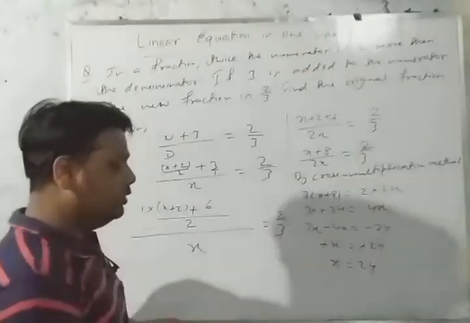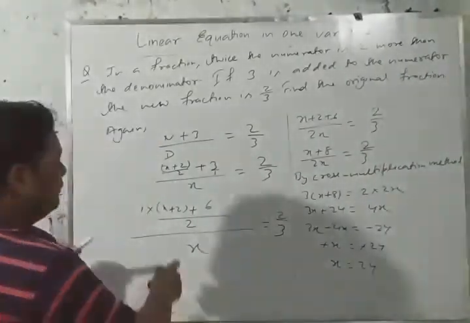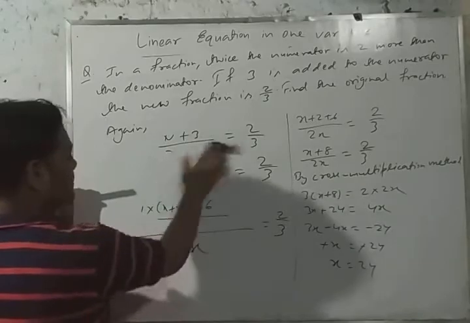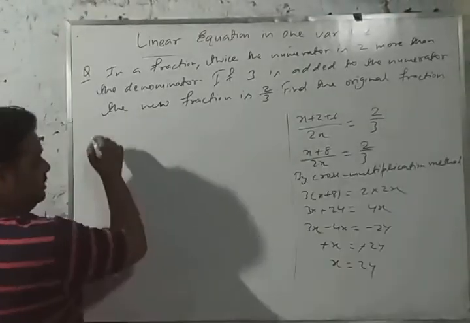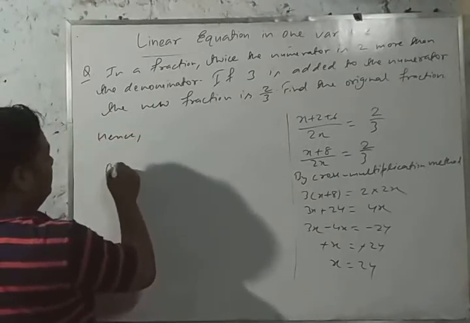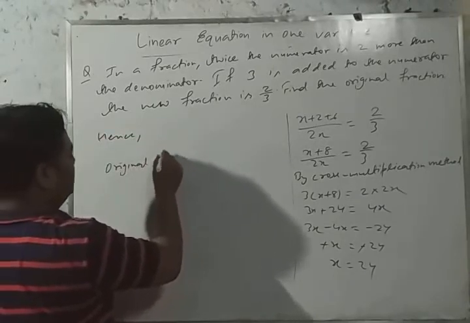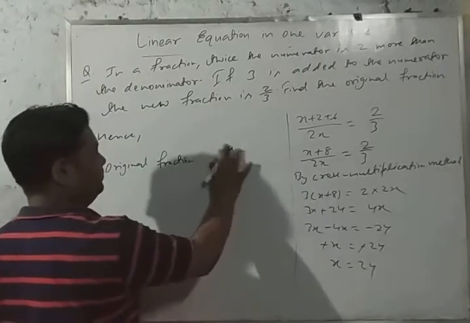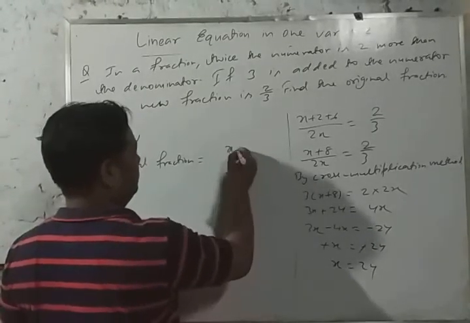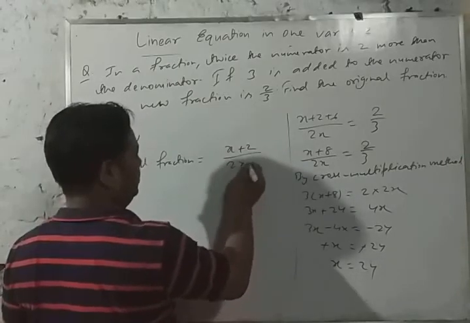And that value we will put in our original fraction. Hence, the original fraction is equal to x plus 2 by 2x.